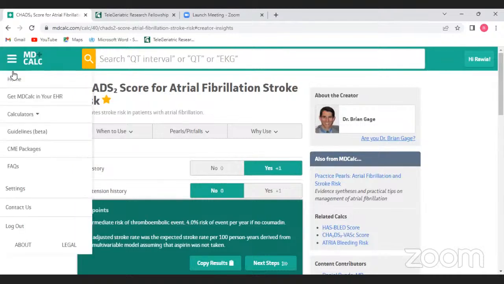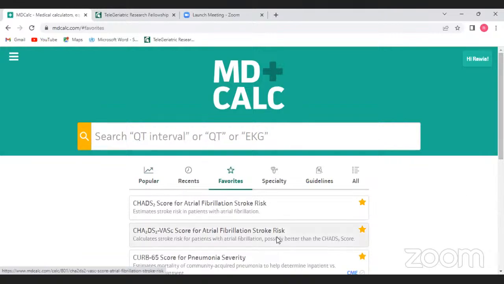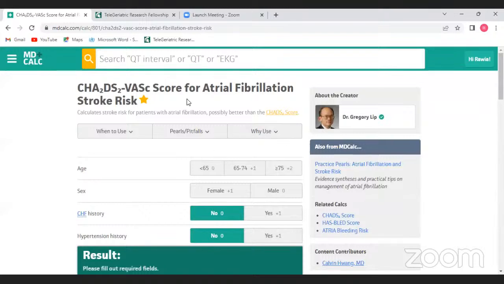I'm going to go back through the CHA2DS2-VASc score. It's a score for atrial fibrillation stroke risk.